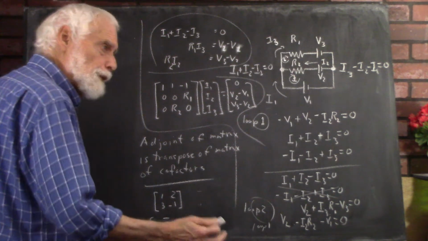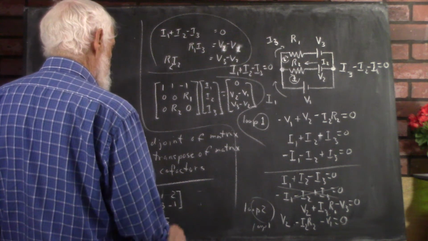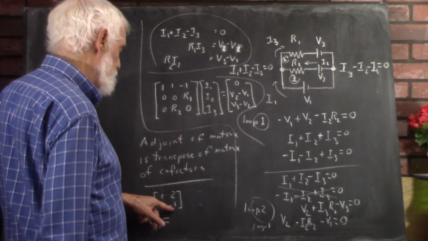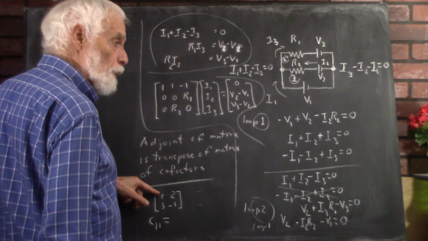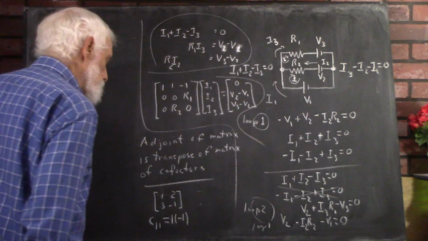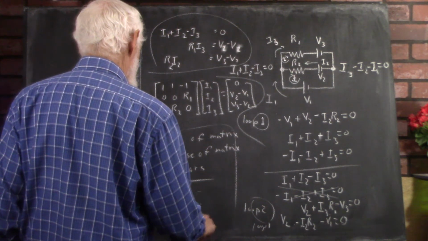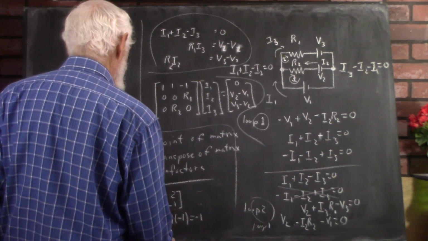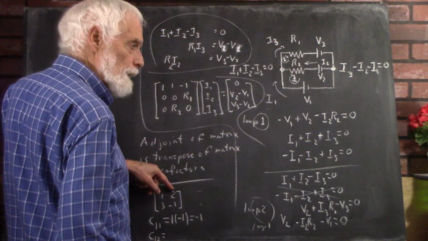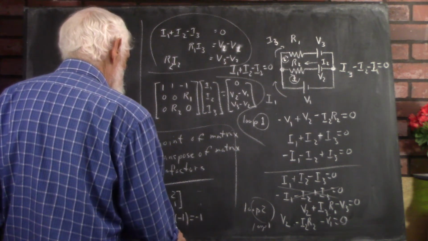C11 is what you get, if you recall, by eliminating the first row and the first column, taking the determinant of what's left, which is just -1, and of course multiplying that by 1. So it's 1 times -1, which equals -1. C12, you go to first row, second column, and you have the number 2.